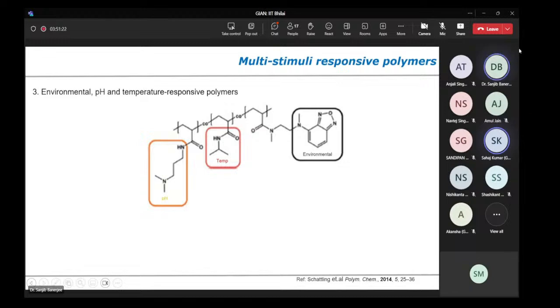Maybe. Okay, so let me ask Navtej also. Navtej, please unmute yourself. Yes, sir. For the part which is pH responsive, I guess that at higher pH it will exist as NH4, one H will also attach and an N positive cation will exist. So due to that, the extent of hydrogen bonding, which was earlier being formed by nitrogen in the polymer, will be weakened.